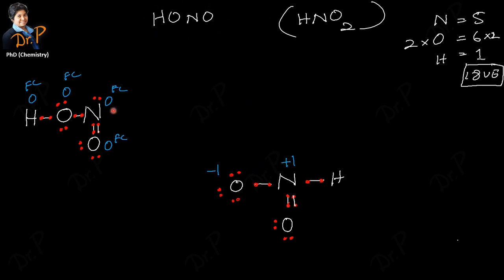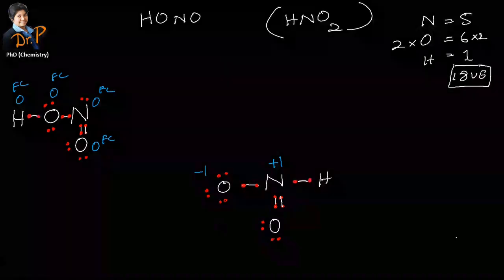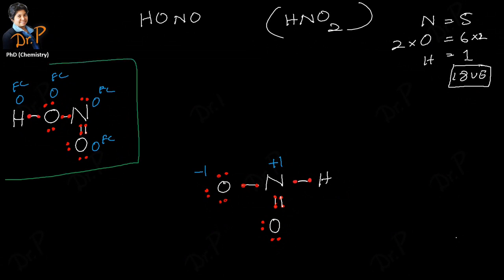Yes, but we use the formal charge guidelines to determine the best Lewis structure, and whenever possible, we try to settle down to the Lewis structure with the lowest possible formal charges. In that case, it's going to be this. Based on the formal charges, we can say this is the best Lewis structure we can come up with, and this is not the correct one.